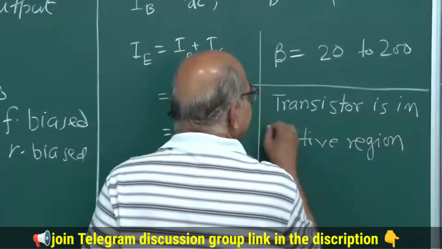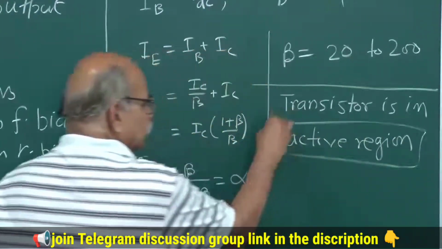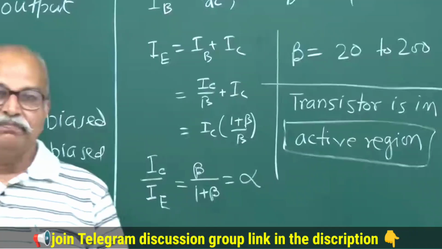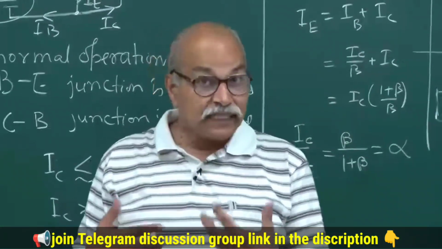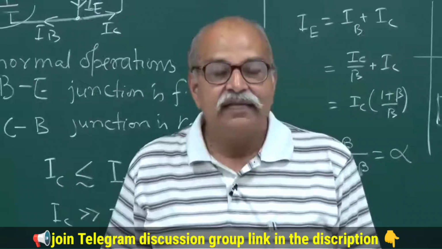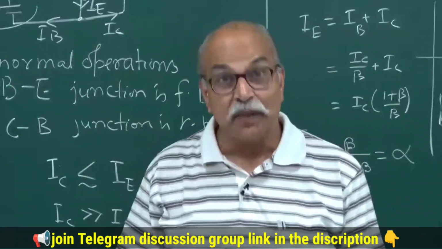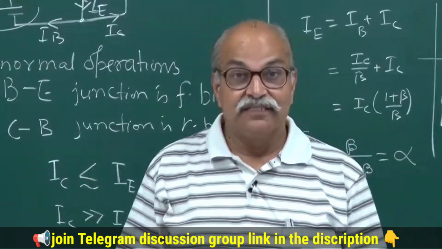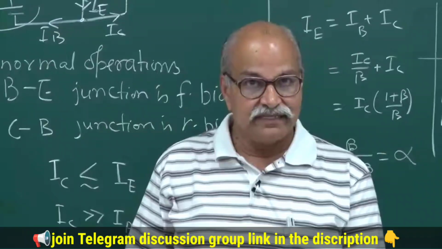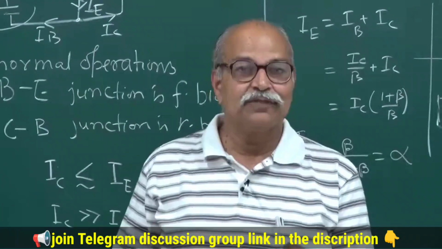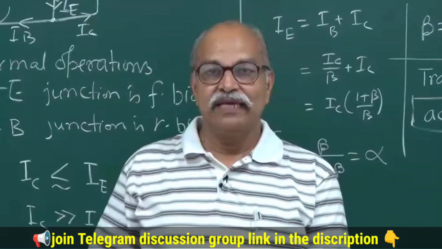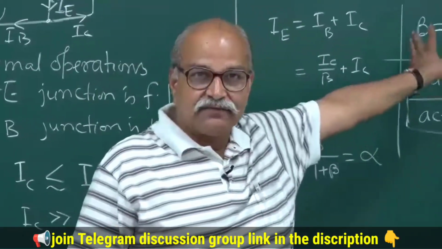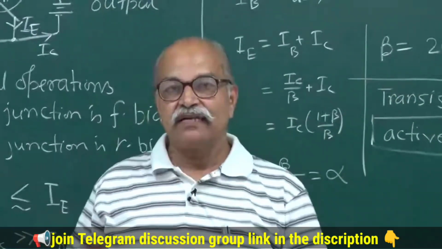This is the name given, active region. In active region your base emitter junction is properly forward biased, and this collector base junction is properly reverse biased, so that it is ready to receive all those electrons which are coming from the emitter to the base with this fraction. So, with that it is ready.